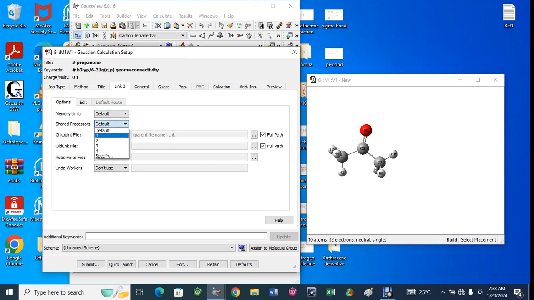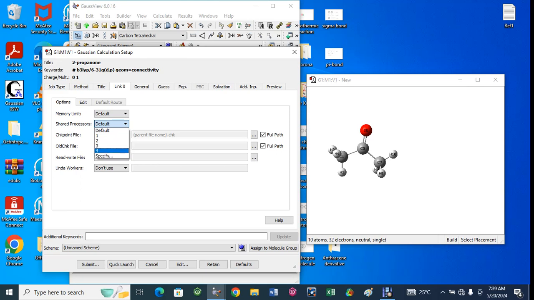Here I can choose 2 processors to carry out the calculation, 3 processors, or 4 processors. But when you choose 4 processors, your system might be very slow. The reason being that the maximum number of processors this system can use is 4.